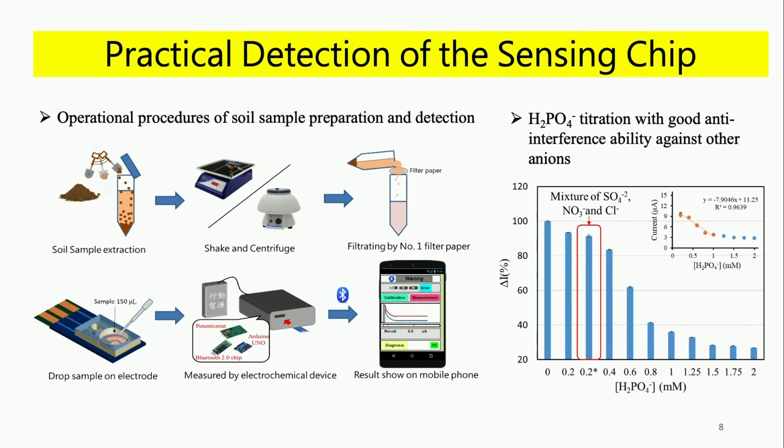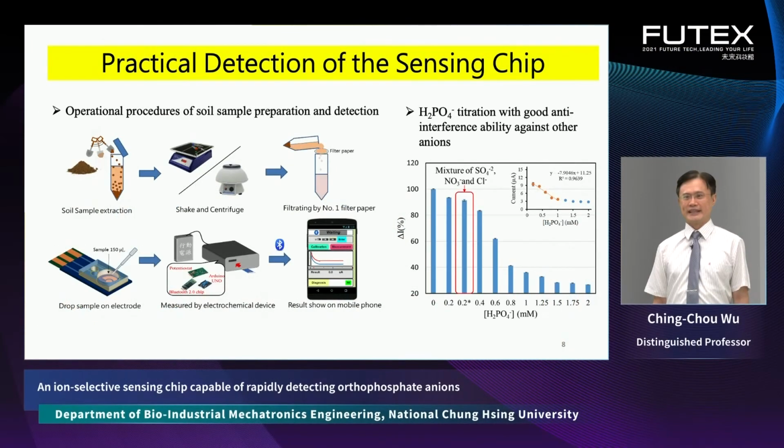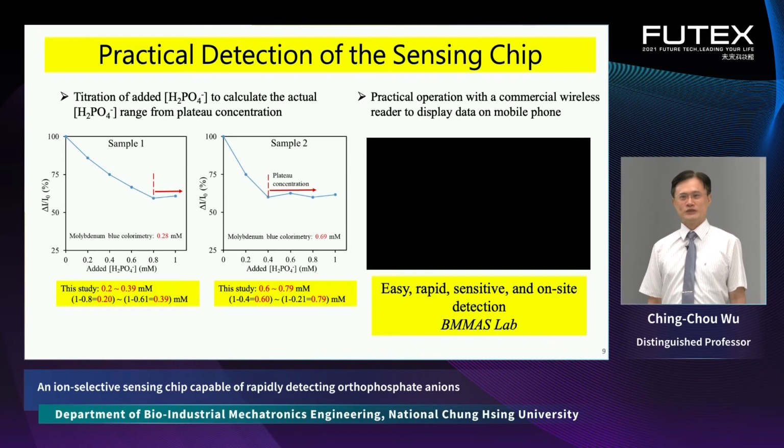So this indicates the chip has good selectivity for phosphate detection. So we use the titration method to detect the phosphate in the soil extracted solution, like sample 1 and sample 2. We use the molybdenum blue method as the standard method to get the sample concentration. And then we can compare our method.